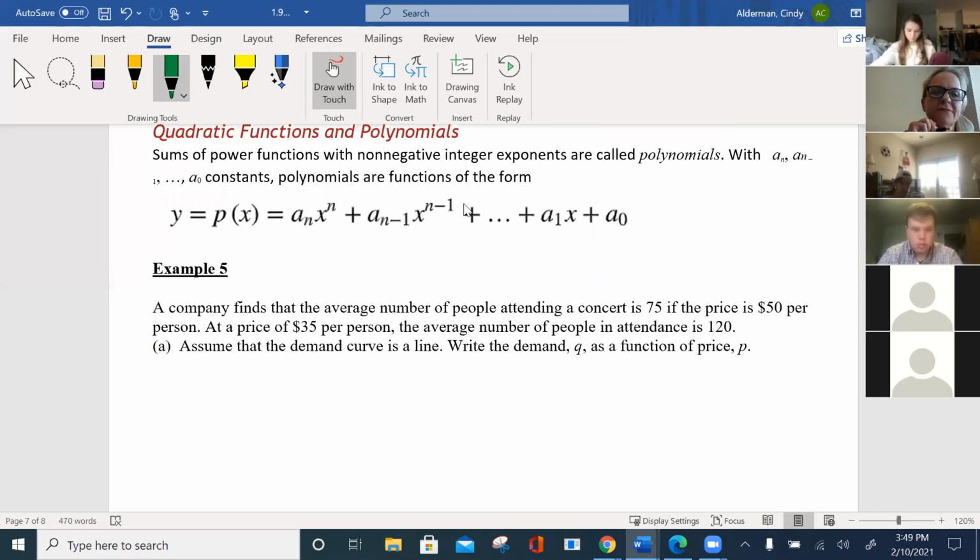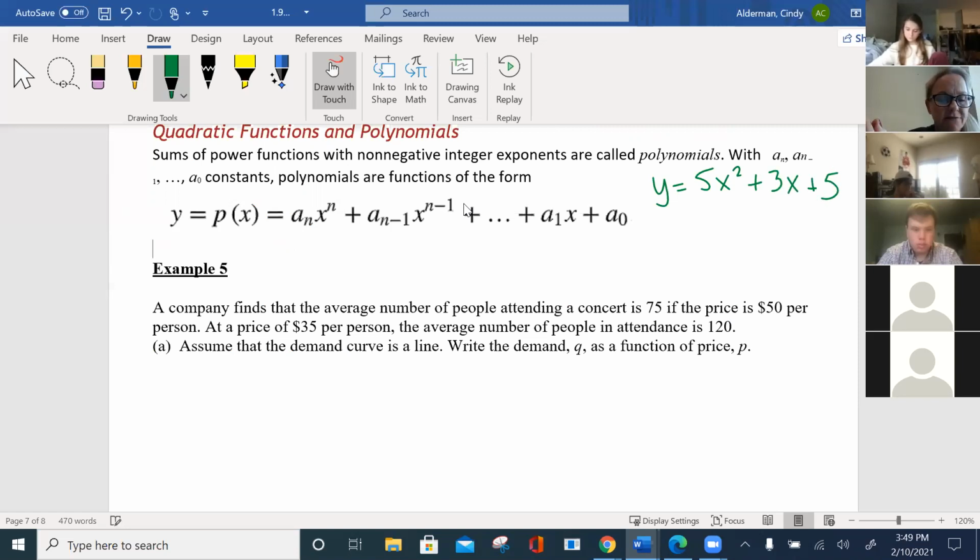So this is the formal definition of a polynomial. And just to give you an idea of what I'm talking about here, let's say I had something like y equals 5x squared plus 3x plus 5.